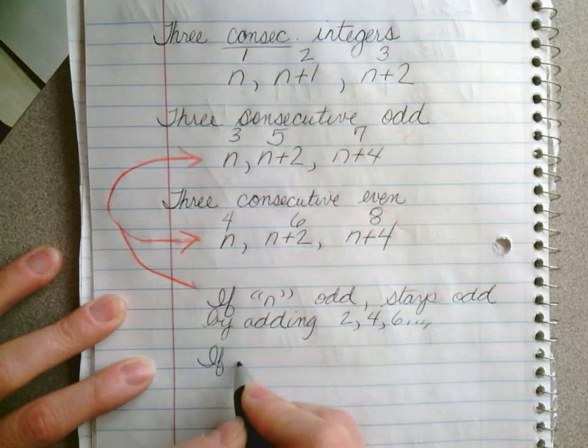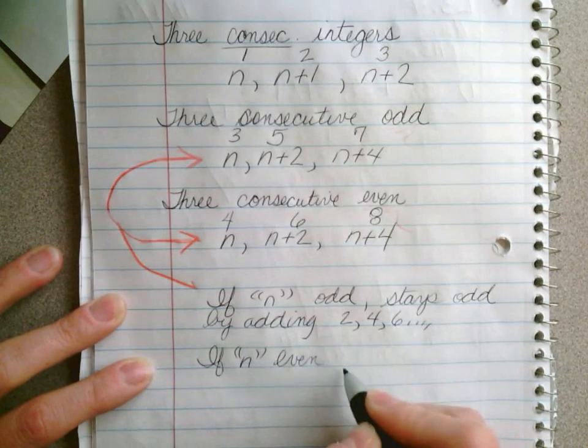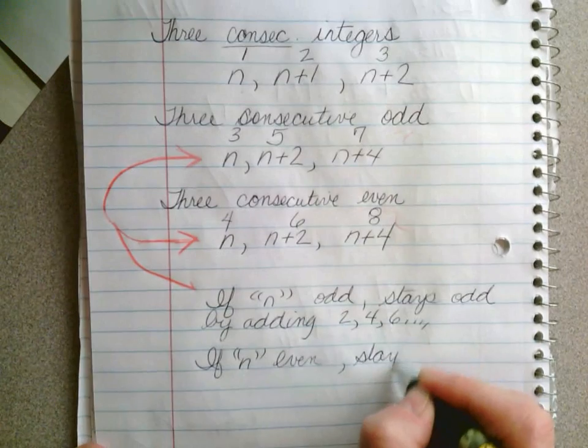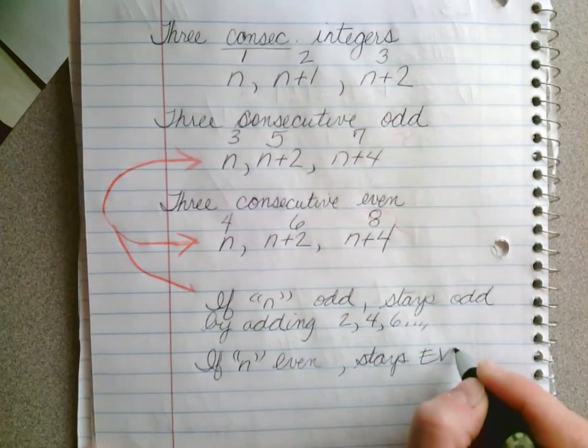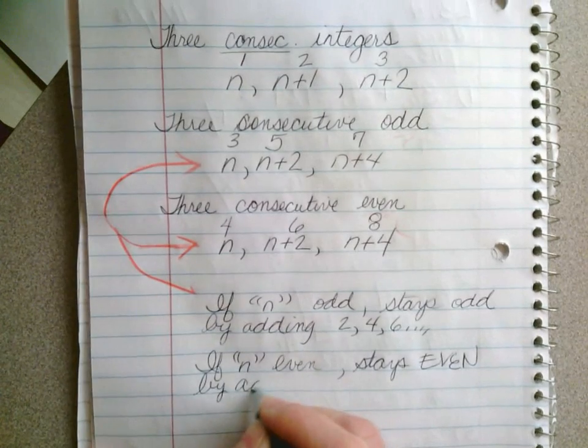If n is solved for an even, all of the same thing from above stays the same. It stays even by adding 2, 4, 6.